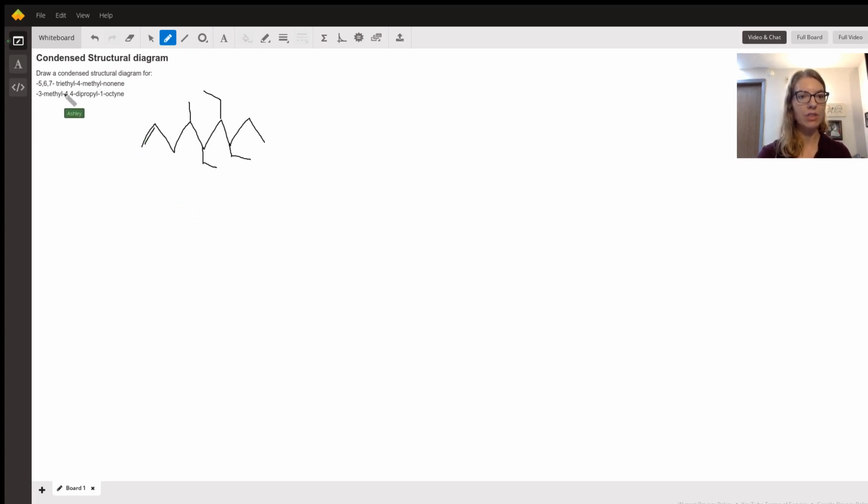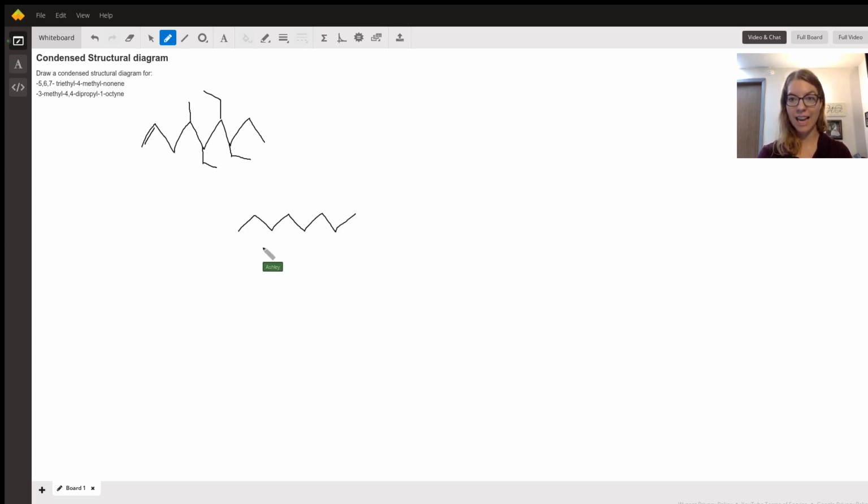And then the next structure here, what I want to start with is my carbon chain, my octyne. So oct is 8. So I probably have enough room to fit that on here as well. So 1, 2, 3, 4, 5, 6, 7, 8. So there's my 8-carbon chain.